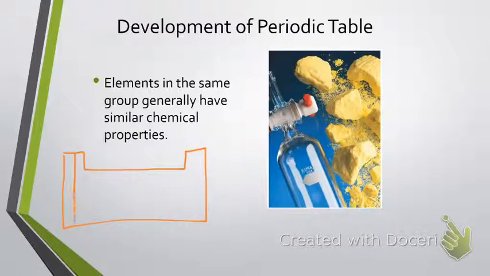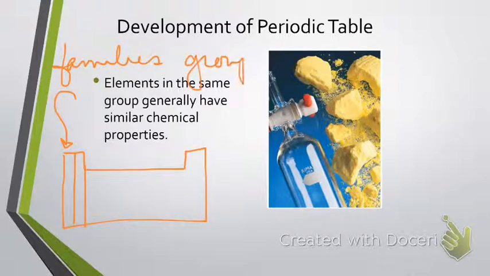If you remember from a couple chapters back, the columns on the periodic table are often called families or groups. It's the same; they're used interchangeably. The rows on the periodic table are called periods. And remember, the rows are the n, the principal quantum number. It tells you the n.